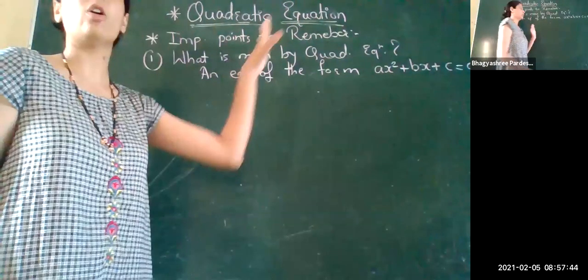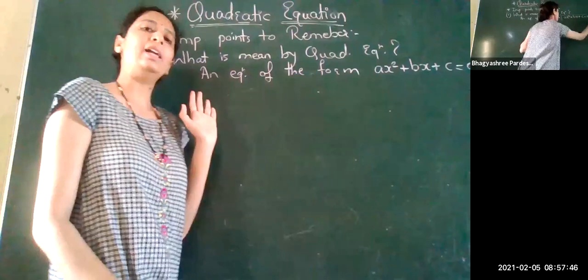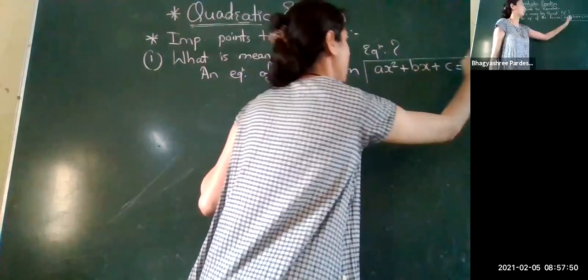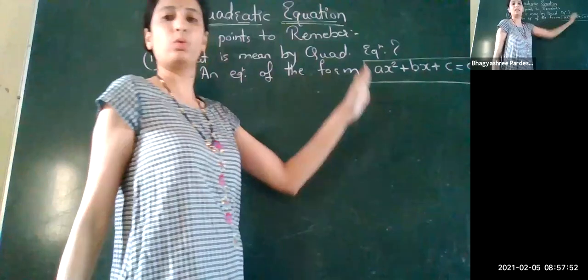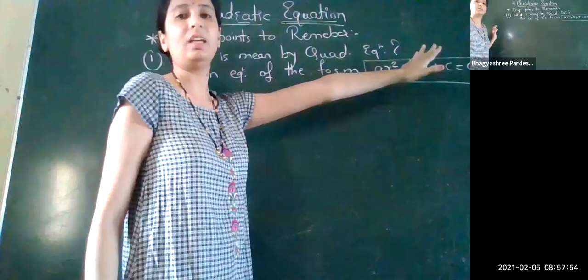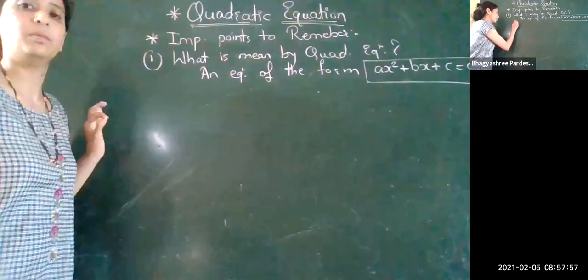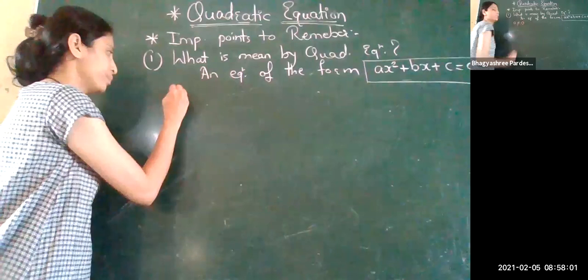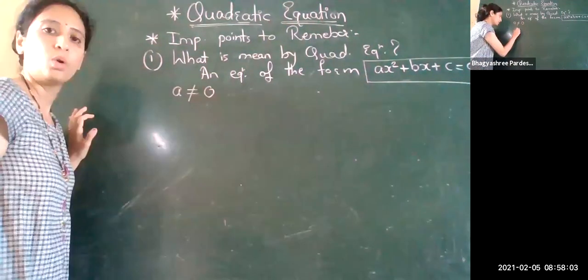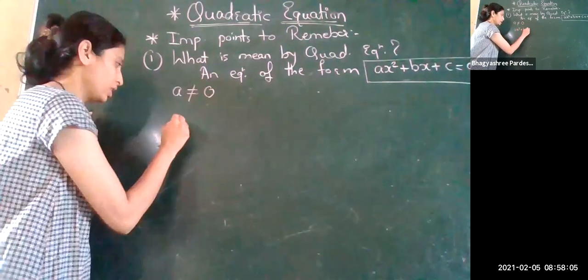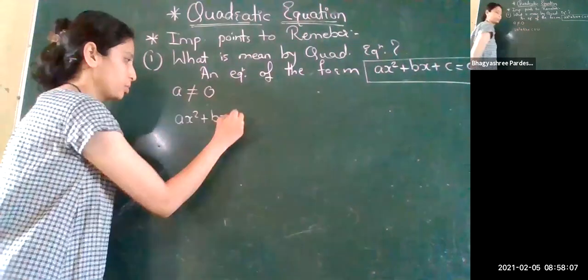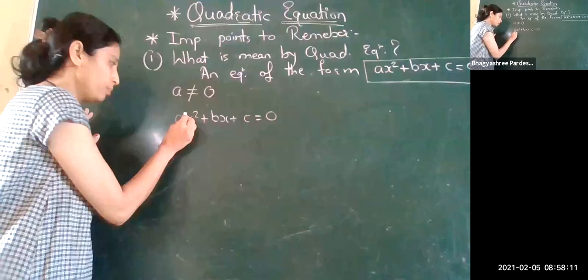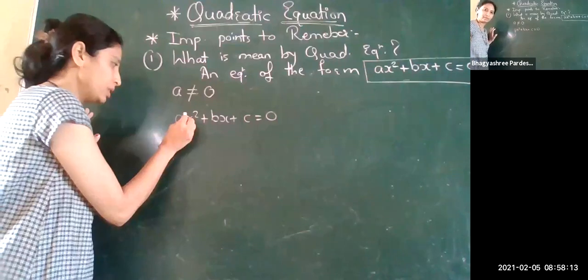While learning the quadratic equation, we must know that this equation ax square plus bx plus c is equals to 0 is the quadratic equation, where always remember that this a must not be equals to 0. Why? Because if the value of a is 0, what will happen?